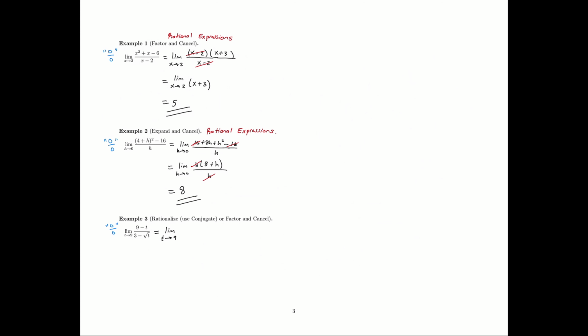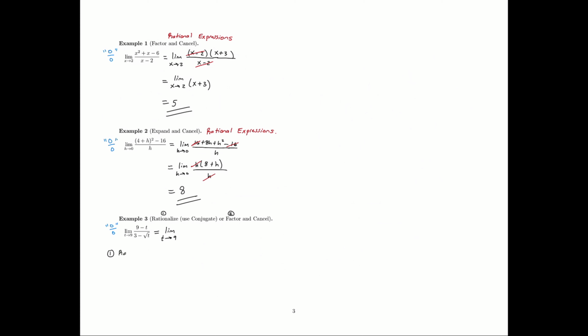So in this case, we can do that using the conjugate. There's another method here of factoring and canceling. So I'm going to go ahead and do method 1 of rationalizing via the conjugate, and method 2 by factoring and canceling. So let's take a look at method 1 here.